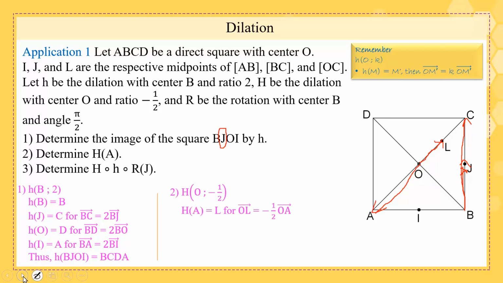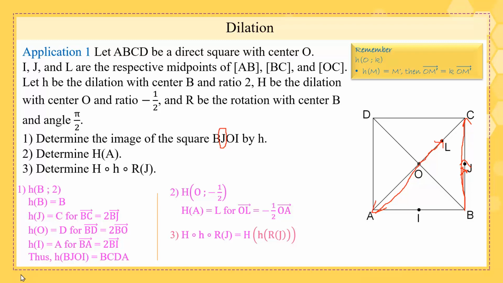Finally, the third part, determine H round R of J. These are composites of transformations. How to solve this? Pause the video for a while and try to solve this part. H round R of J equals H of R of J. First, you must find the image of J by the rotation of center O and angle pi/2.